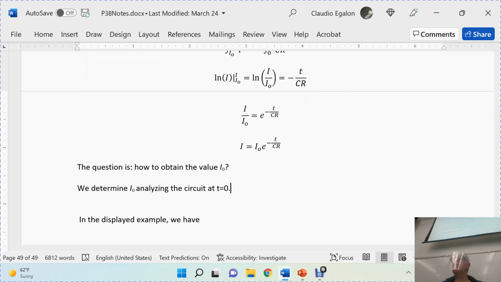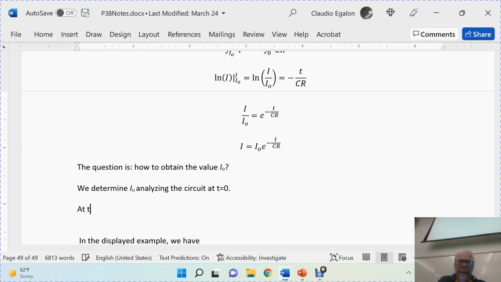That's how we do it. So what's going to be the piece of information that's going to provide you the value of I naught? Let's take a look. Look at the circuit at t equal to 0.